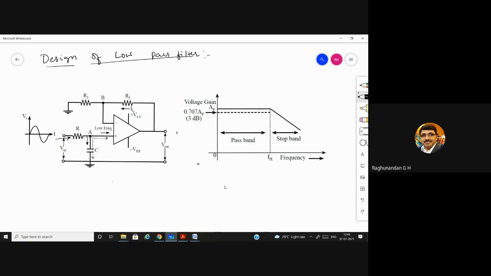As you know, the lower frequency signals can easily pass through, but the higher frequency signals are going to be passing through this capacitor, since it is going to offer the least resistance for the higher frequency signal. Now, all the lower frequency signals are going to pass through this, and again for the normal reason.